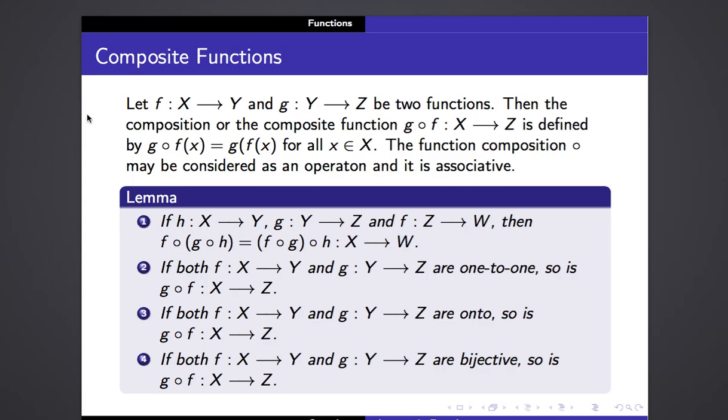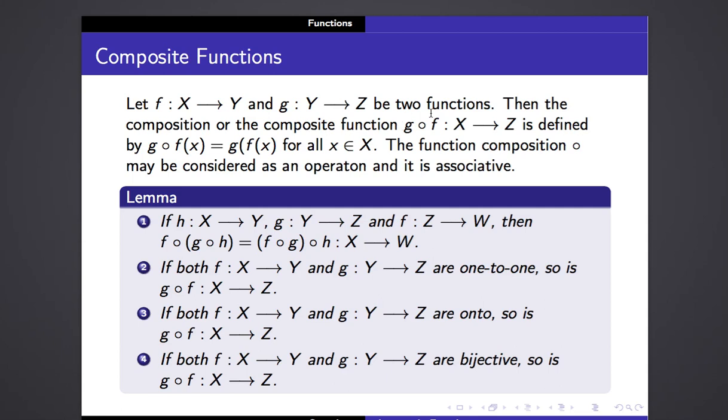Here let f be a function from X to Y and g be a function from Y to Z. In that case, the composite function, or composition, or functional composition, is denoted by this notation here, and it is going to be a function from X to Z. We are combining these two functions, and this composition produces a function going directly from X to Z.